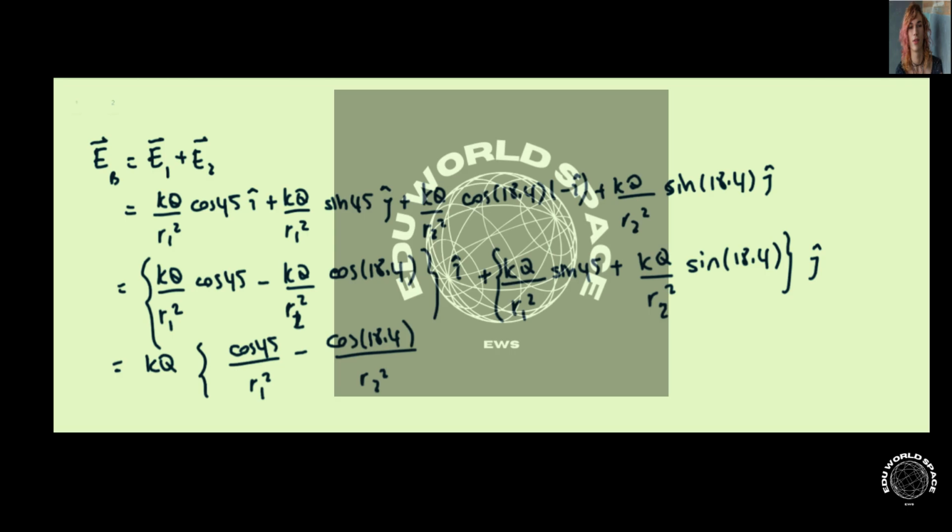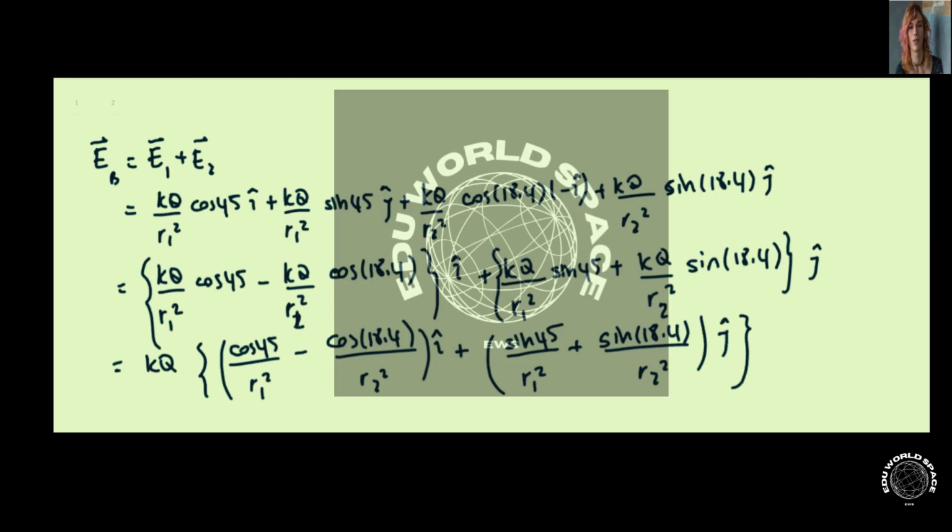Then we have kq on the second term too, so let's bundle: i hat here, plus sine 45 over r1 squared plus sine 18.4 over r2 squared j hat. All right, now we can plug in our values.